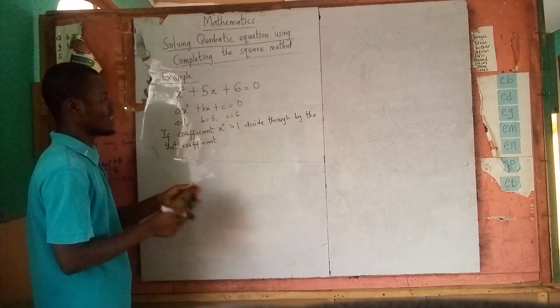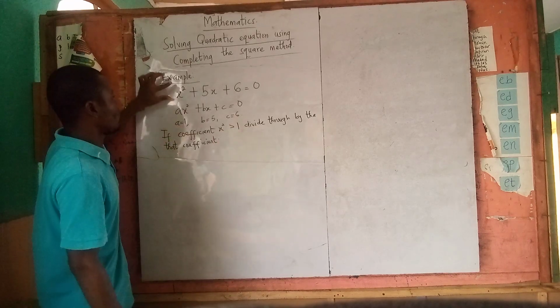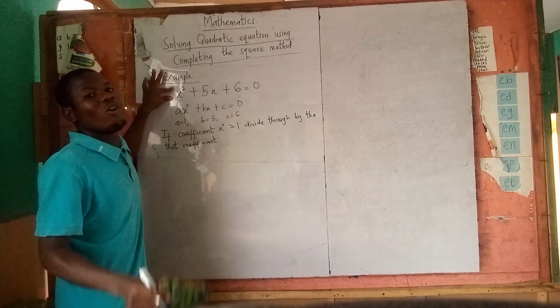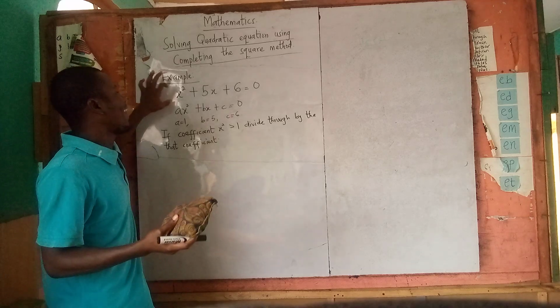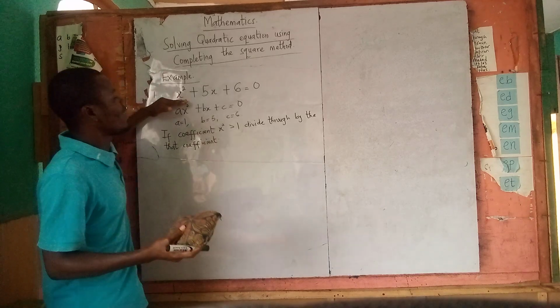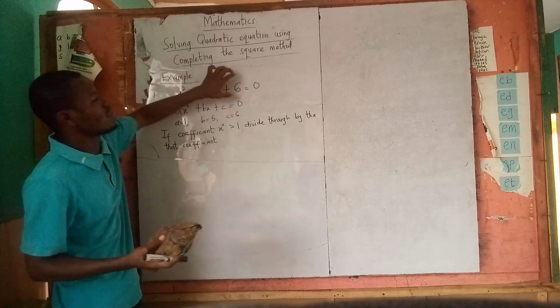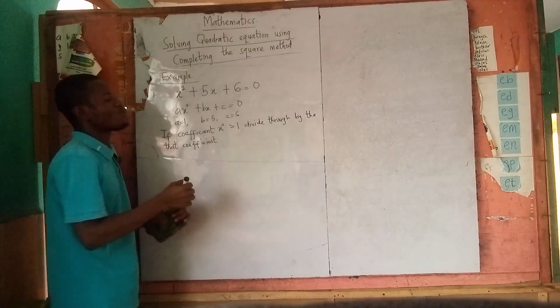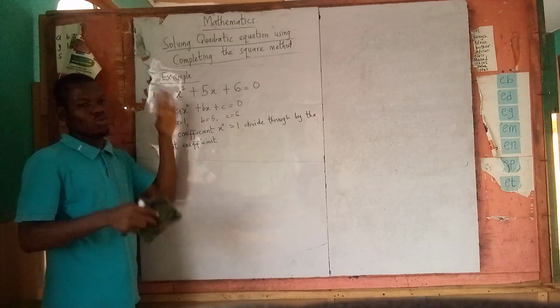If we have 2, 3, 4, 5 as the coefficient of x squared, we are going to divide each of these terms by that coefficient. Since our coefficient is 1, we continue.